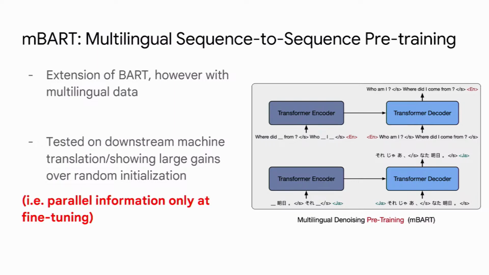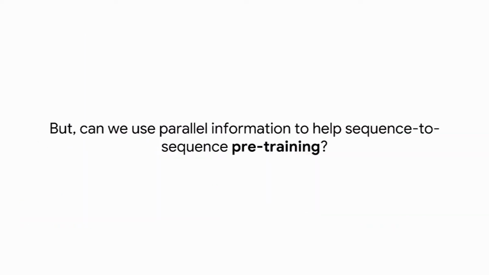But the thing with MBART is that they only use parallel information at fine-tuning time. So here I say they showed improvements on downstream machine translation and showed large gains over random initialization. However, this was doing pre-training without any parallel data or without a lot of it. And they only induced this parallel signal at fine-tuning time when they were actually fine-tuning on machine translation.